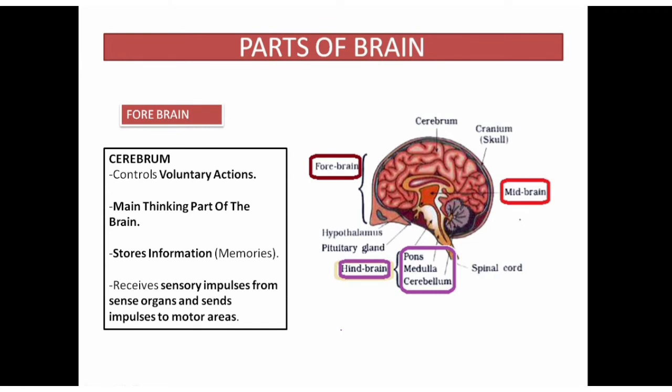It controls voluntary actions, and it is the main thinking part of the brain. Cerebrum is also involved in the storage of information such as memories. It receives sensory impulses from sense organs and sends impulses to the motor area. This is the function of the cerebrum.